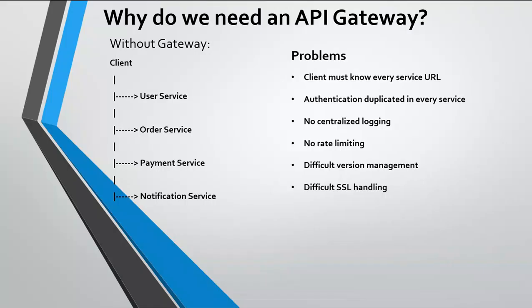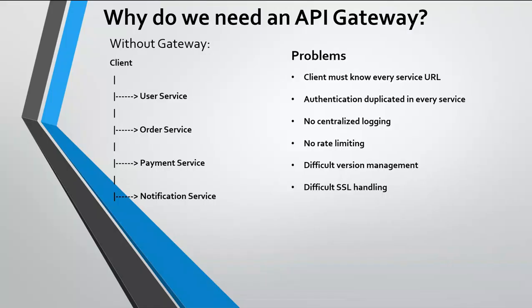And authentication, mostly we need authentication for our services, and for each service we have to implement those authentication logics and processes if we are not going for the gateway. As all the requests will come through the gateway, all the authentication will happen in one place, in the gateway layer, and then the request will go to the other API URLs.